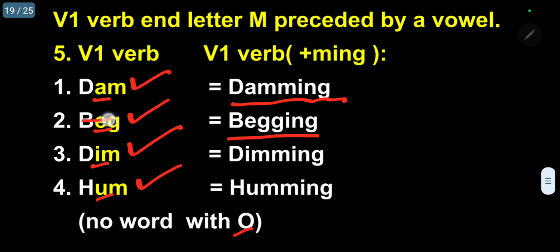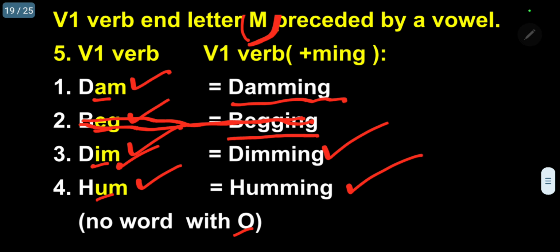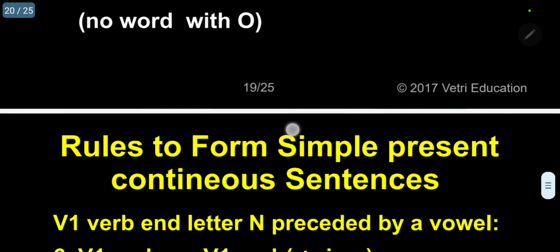Dim, you can take dimming, because the letter is M. So we will discuss only M. Dam, damming; dim, dimming; hum, humming. This example shows clearly that whenever M is the end letter and a vowel is coming before it, you have to add another M and ing. Kindly follow.